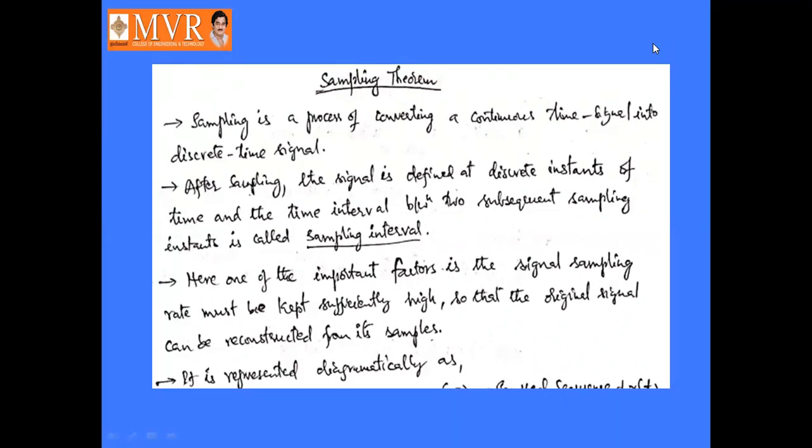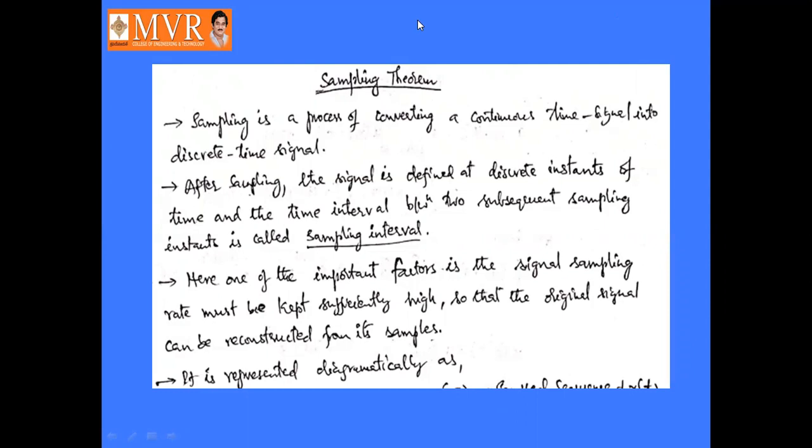Sampling is nothing but the process of converting a continuous time signal into a discrete time signal. A sample of the continuous time signal is taken, frozen for some time, and divided into equal intervals of time.